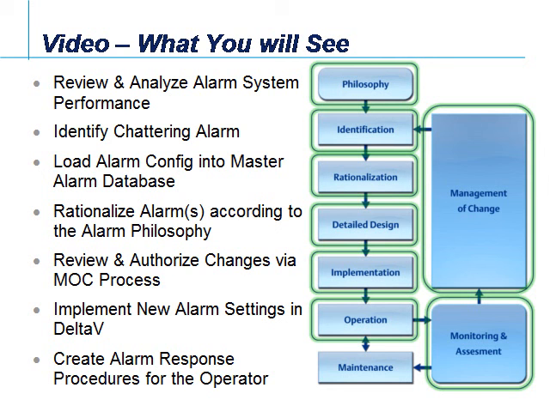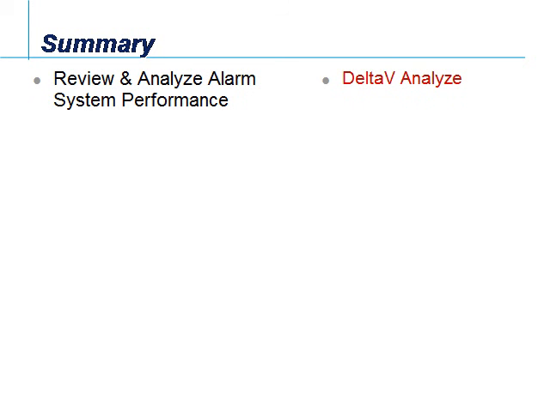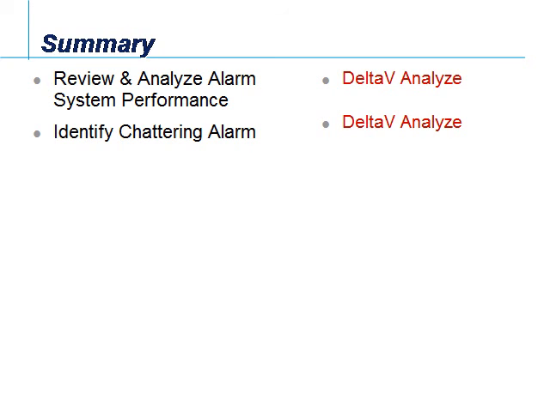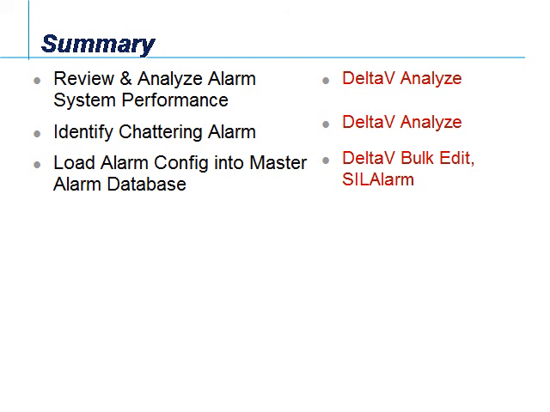So, as we saw, we were able to identify a poorly performing alarm, actually a chattering alarm, using DeltaV Analyze, and then take that alarm through the whole alarm management lifecycle, the work process, a consistent, rigorous work process with checks and balances to make sure that only authorized changes are being made and then are implemented within the system.